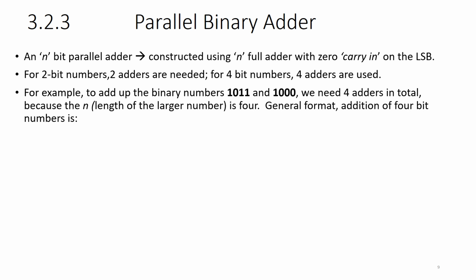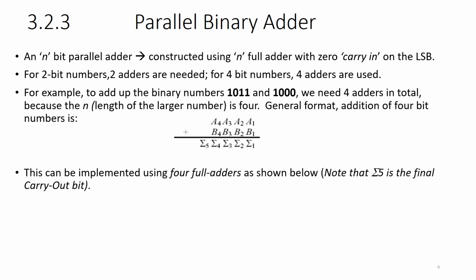So if you add, let's say, the 4-bit binary numbers 1011 and 1000, we need 4 adders in total, and its operation is something like this: A4, A3, A2, A1, B4, B3, B2, B1, and we have sum 5, sum 4, sum 3, sum 2, and sum 1. We can use 4 full adders as shown below.